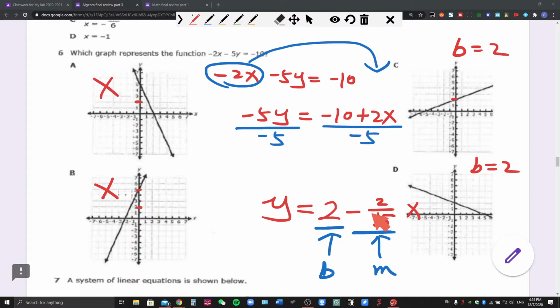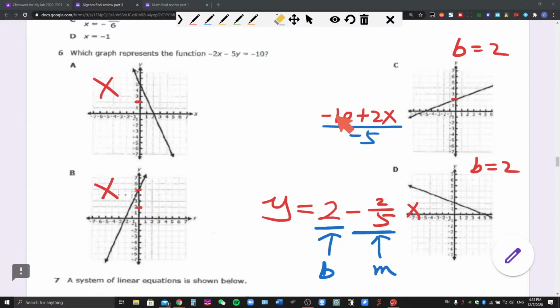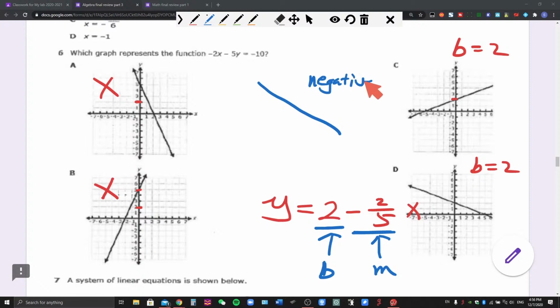So let's judge by the slope. The slope is negative. A negative slope will be going right and down. If you compare C and D, only D will have a negative m.